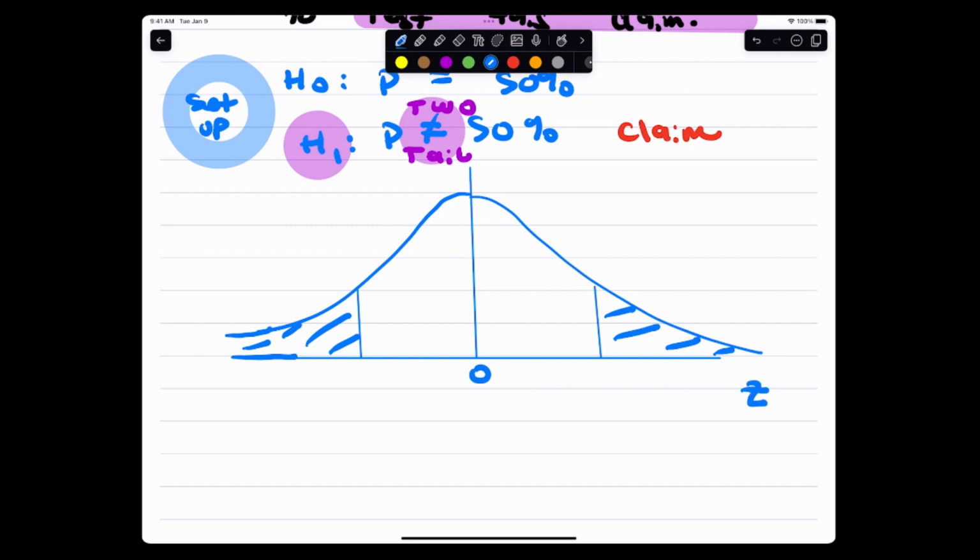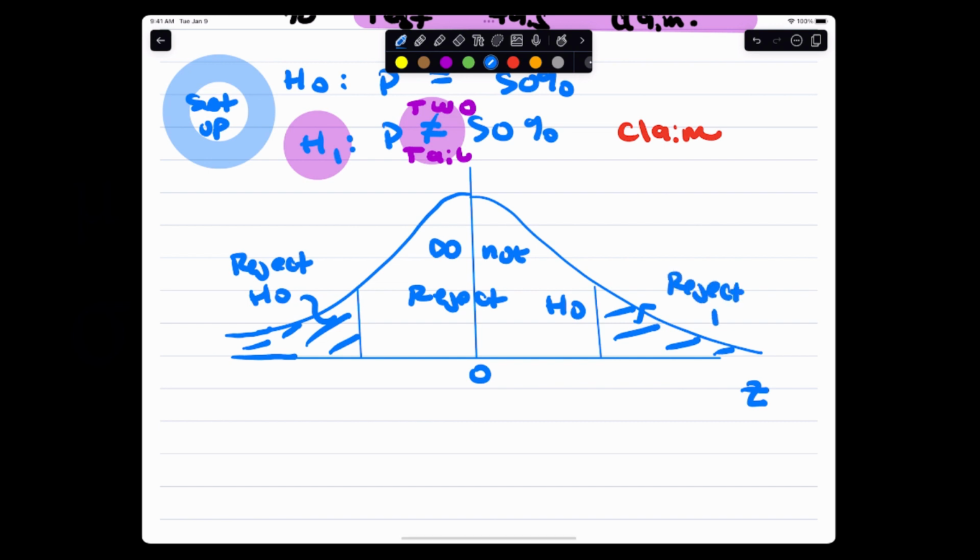Okay, so we're going to have to do the decision rule. Draw your bow. What in the middle? Do not reject your null hypothesis. And then the left is reject the null, and on the right is reject the null. You need a critical value here and here.